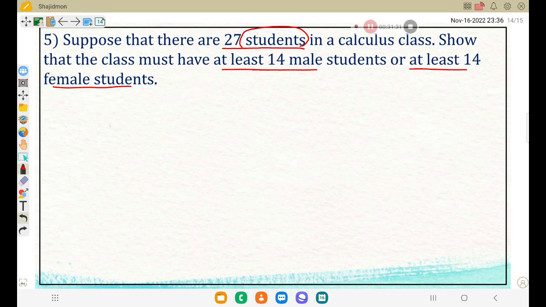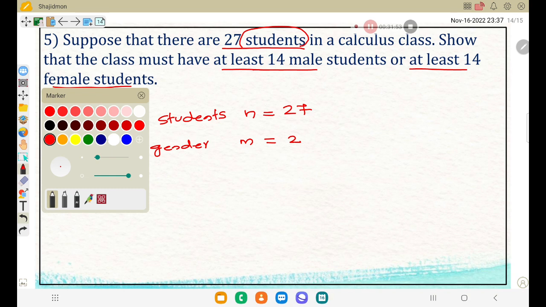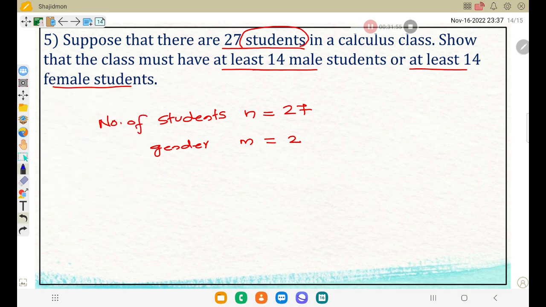So what is the pigeon here? The number of students. How many students? n equals 27. Now what is the pigeonhole here? Male and female. Gender is the pigeonhole. So m equals 2 here. Gender means either female or male, correct?